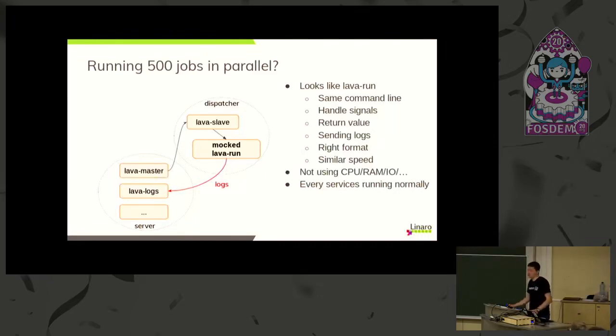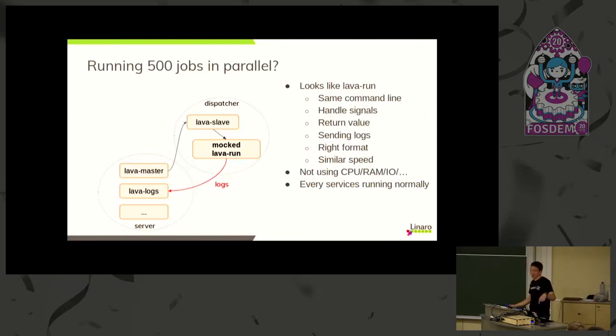And you can do that with a small Python application that won't use much CPU, RAM, and IO. Just loading a small file and a more or less cat thing, just cat sending back things. So thanks to that, I was able to fake 600 jobs in parallel on my laptop, and went up till 300.